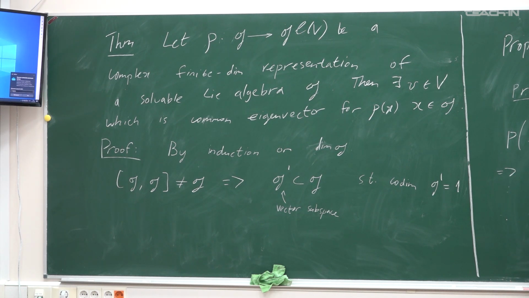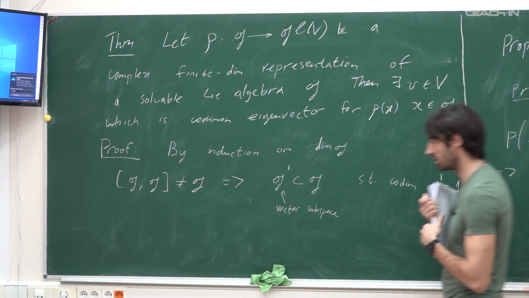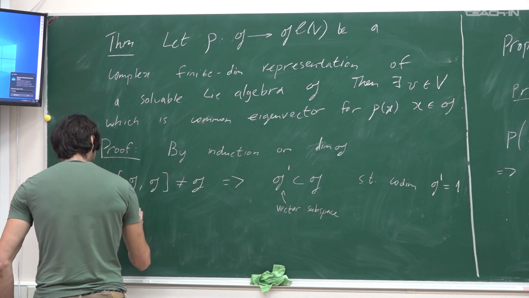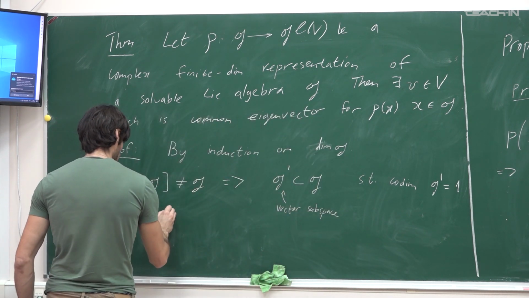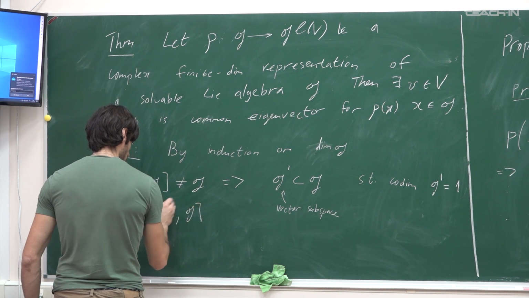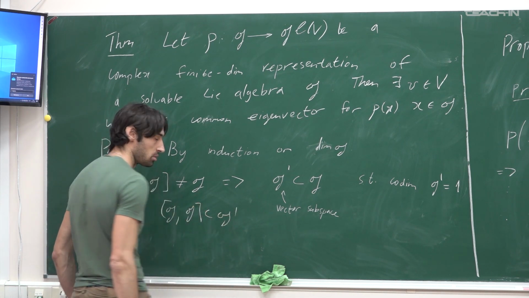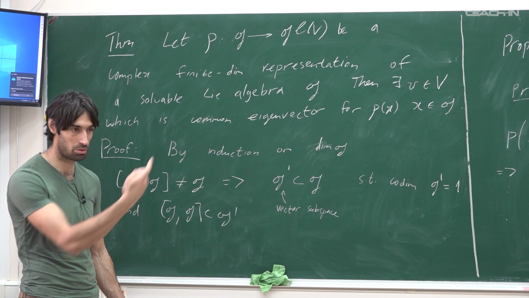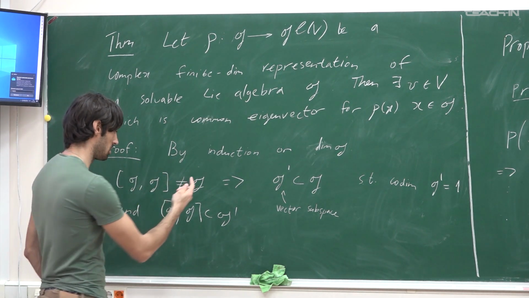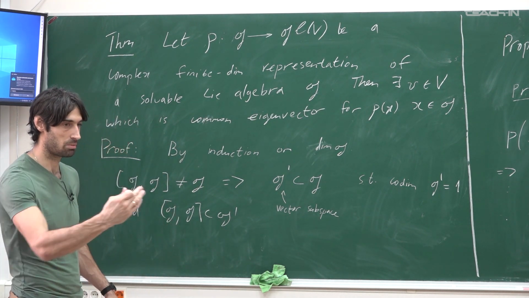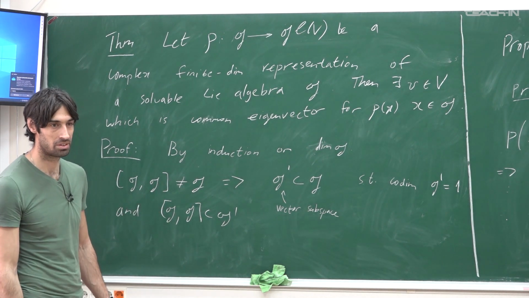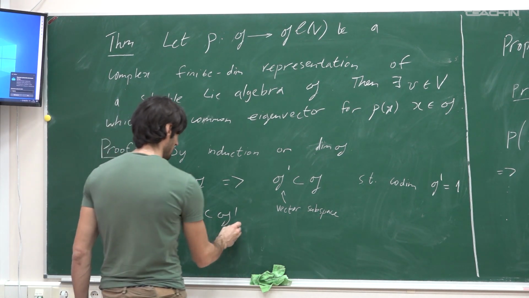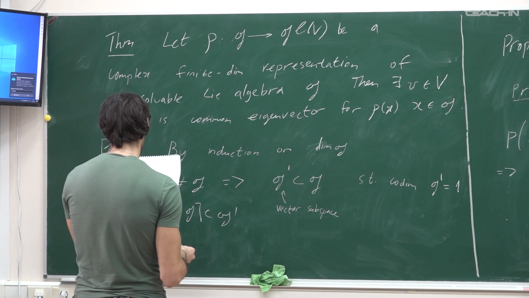There's something in between. I would like the commutant to live inside G prime. So there's something in between the commutant and G, and I would like this maximal something to be G prime.